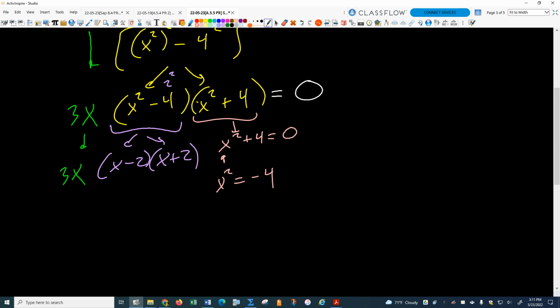If I square root both sides, that's going to cancel the squared, isn't it? And so when I square root both sides of an equation, what do I have to include? Plus or minus. And then the square root of negative 4, what's that going to be? 2i, right? Square root of 4 is 2.